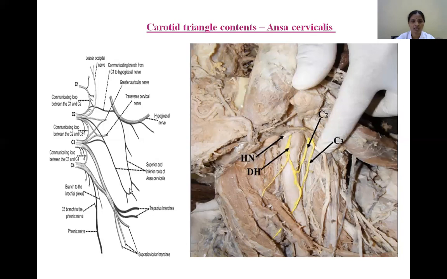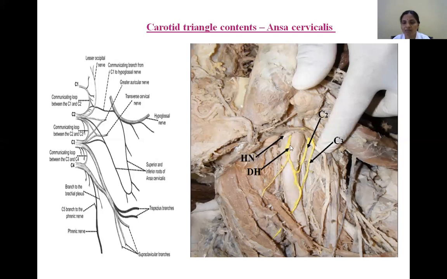And this entire ansa gives branches to the suprahyoid and infrahyoid muscles. Why? Because C1, C2, C3 are involved in this ansa cervicalis, so they supply these muscles, meaning those muscles are also derived from the C1, C2, C3 myotomes. Here, the yellow colored structure is the ansa cervicalis, and the branches come from this ansa.